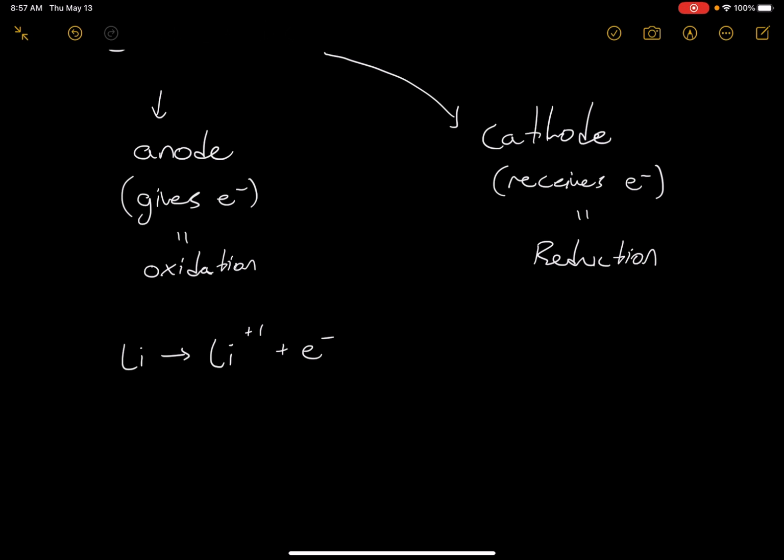Now, a pretty common cathode would be something like copper. And the cathode will start off usually with a positive charge. And since copper here has a plus 2 charge, it needs to gain 2 electrons. So the electrons are written on the reactant side because they're being added to the cathode. And then our product would just be plain old copper.